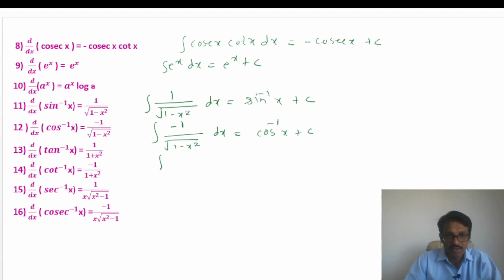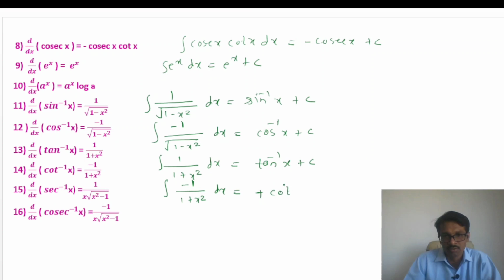If you try the integration of 1 upon 1 plus x square with respect to x, we get tan inverse x plus c. The integration of minus 1 upon 1 plus x square with respect to x gives cot inverse x plus c.